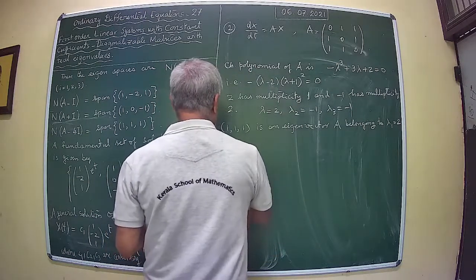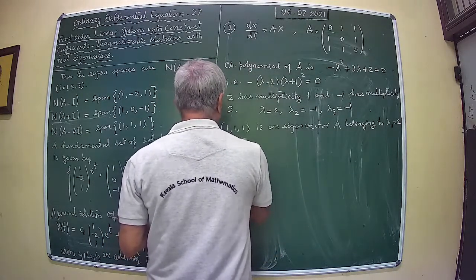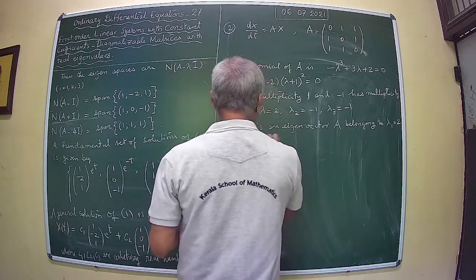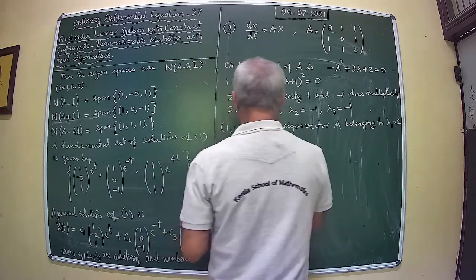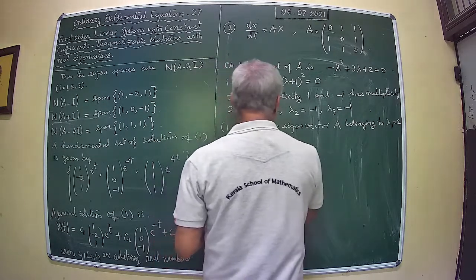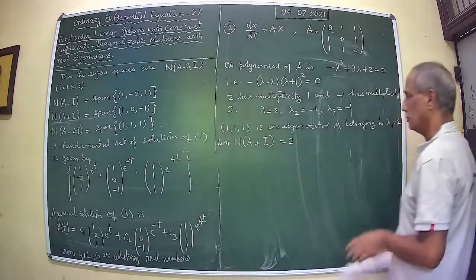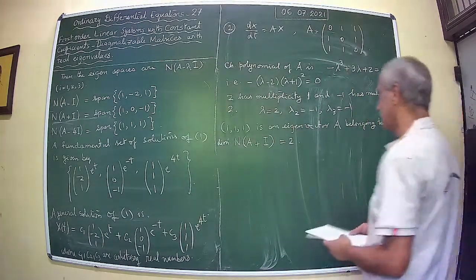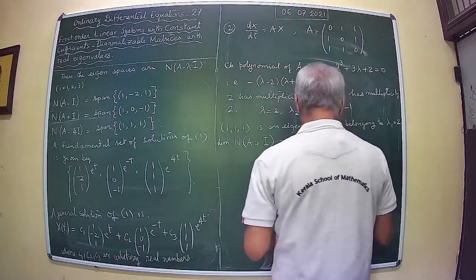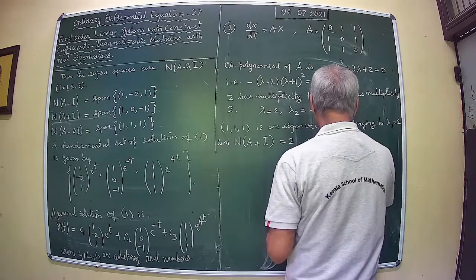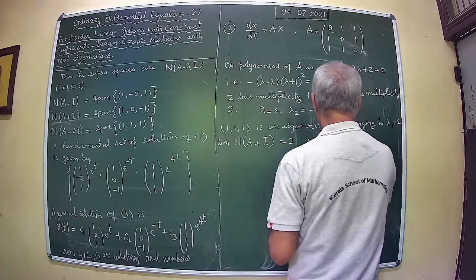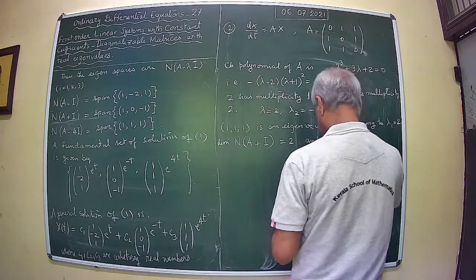You can also see that the dimension of the eigenspace of A plus I is equal to 2, which you can easily verify. We can choose a basis for that, (1, 0, -1) and (0, 1, -1).